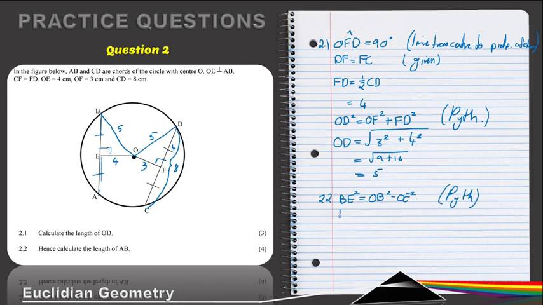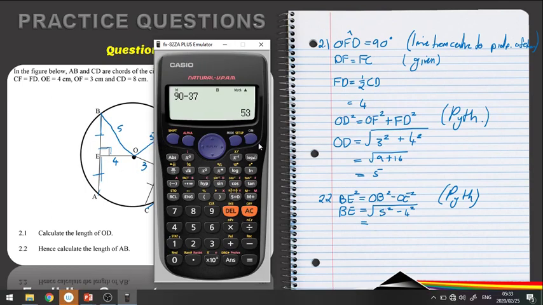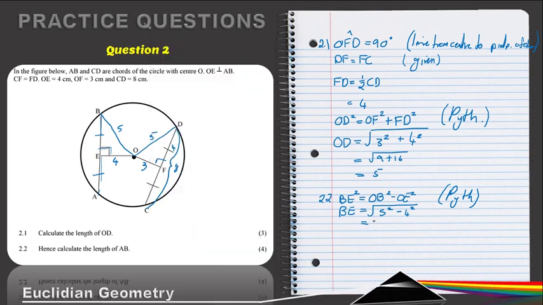And substituting in our values, we have BE is equal to the square root of OB, the long one is 5 squared, minus 4 squared. And that's equal to, if we put that in, square root of 25 minus 16. And that gives us 3.